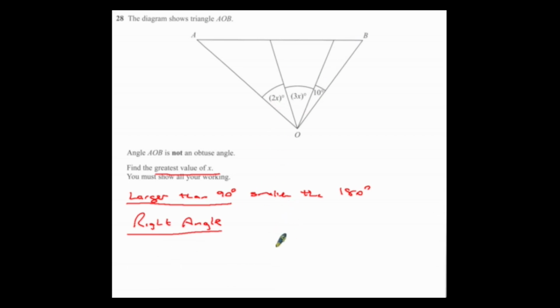We need to find the value of x at 90 degrees. So, looking at the 3 parts of the angle, we have 2x plus we have 1 part of the angle at 3x plus we have 10 degrees. If we add all those 3 angles up, we know, because it's a right angle, that the total is 90. So let's just add the x's together. We have 5x plus 10 equals 90.